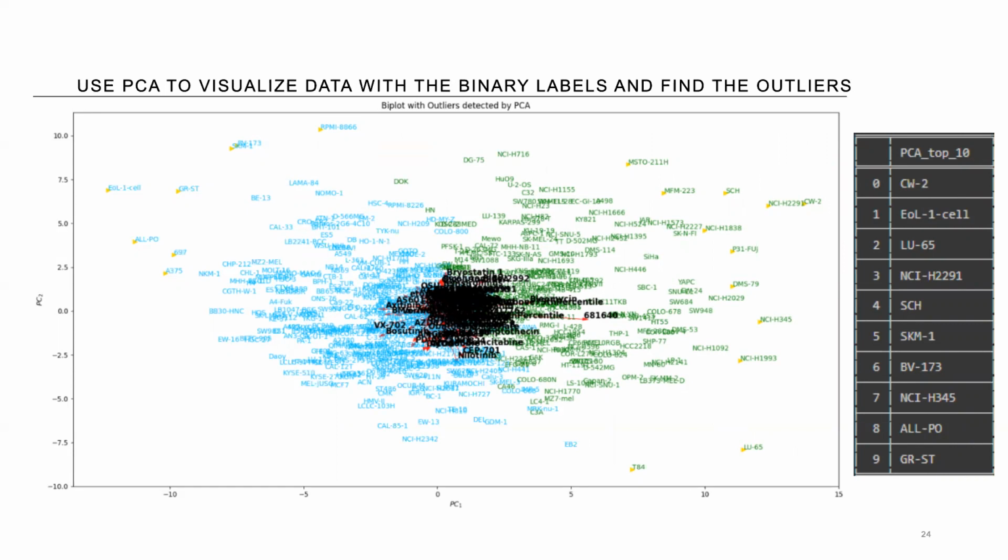On the x-axis we have principal component 1, and on the y-axis principal component 2. Every data point where you see names like DOK or GG75, those are the observations themselves. The blue represents cluster 1 from my k-means, and the green represents cluster 2.